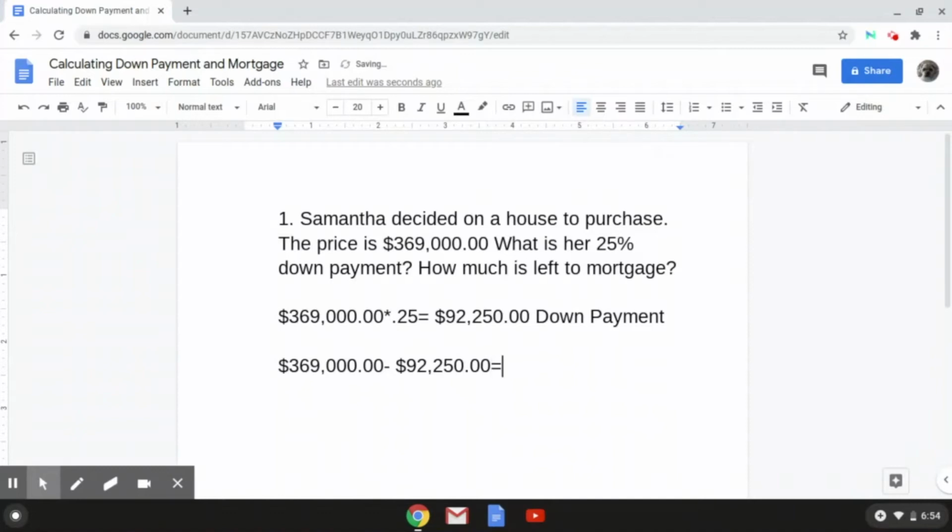And this will give us our new mortgage amount of $276,750. So the new down payment amount is $92,250, and the new mortgage amount is $276,750. And that is how to solve this problem. So let's move on to another one.